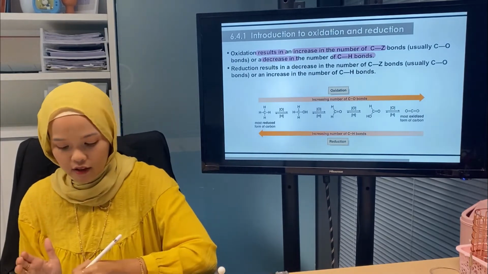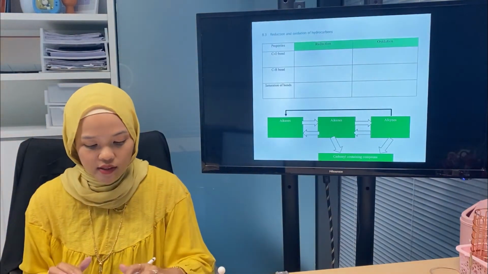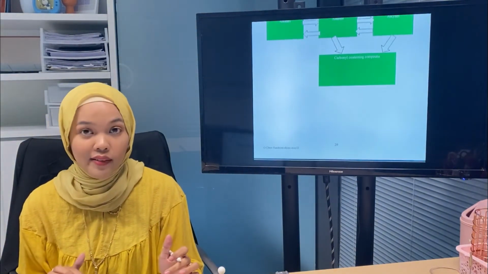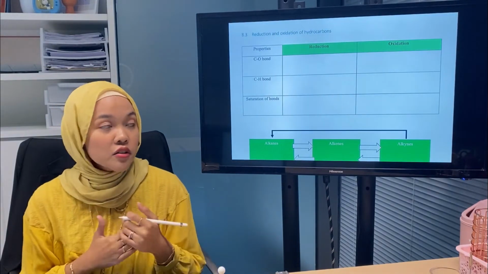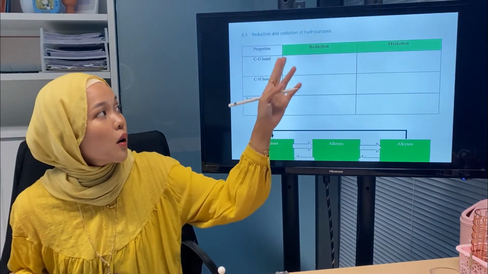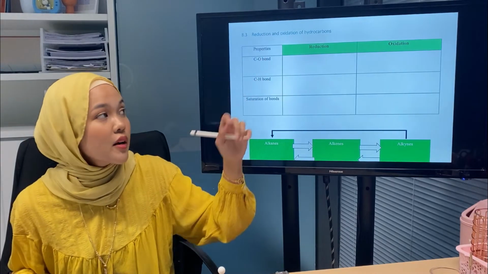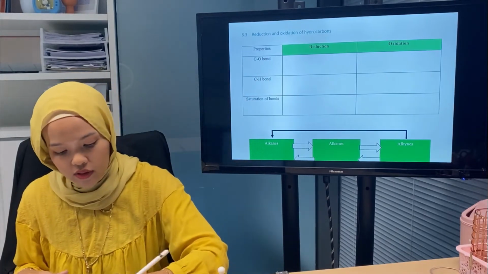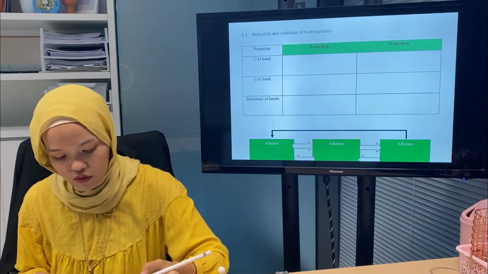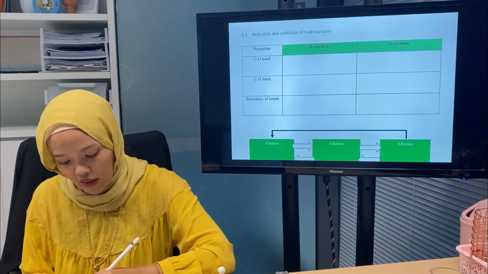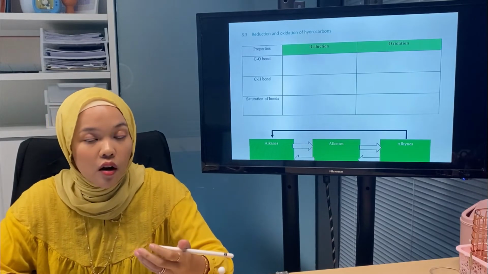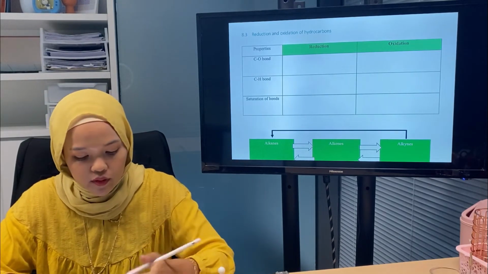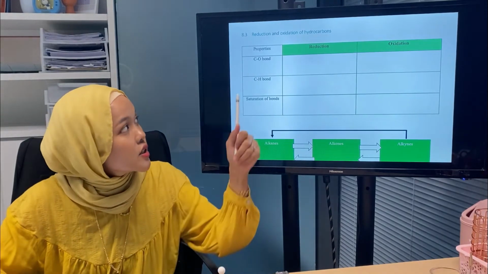So let us take a look at our handouts, page 29. In the reduction and oxidation of hydrocarbons, first of all, the properties: the carbon-oxygen bond, which I have just mentioned to you. What happens to the carbon-oxygen bond?